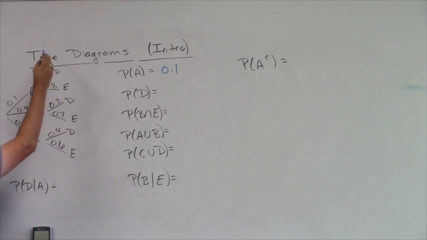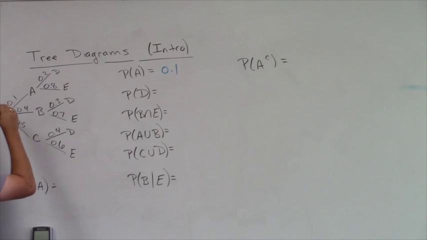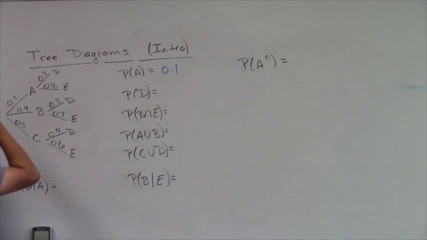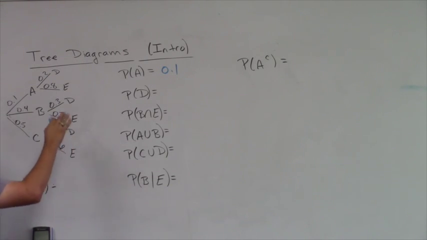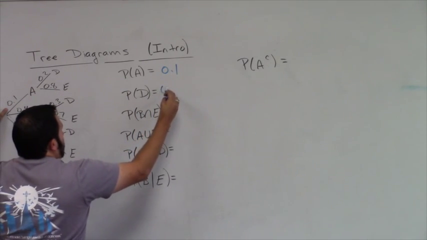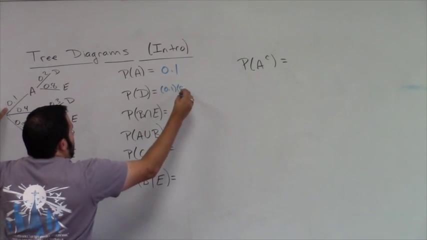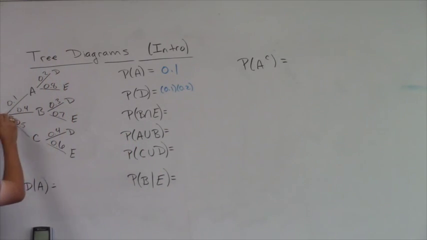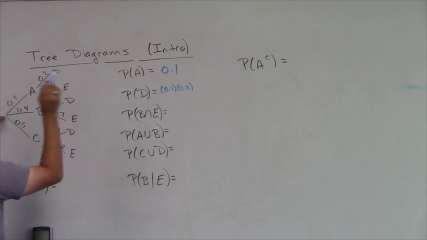But whenever I lift my pencil and start back at the beginning, you're going to add. Then you'll go across B over to D, and you multiply when you go across. You lift your pencil, come back to the beginning, plus, and multiply across. So the probability of D is going to be 0.1 times 0.2. Then you have to lift your pencil to come back to the beginning because you need to take every D into account.